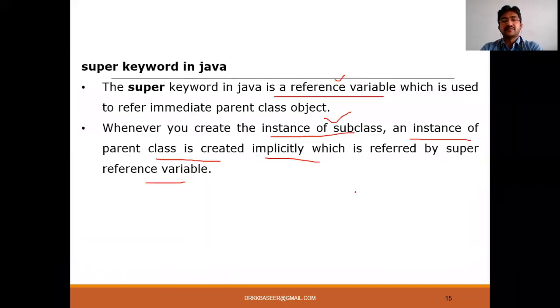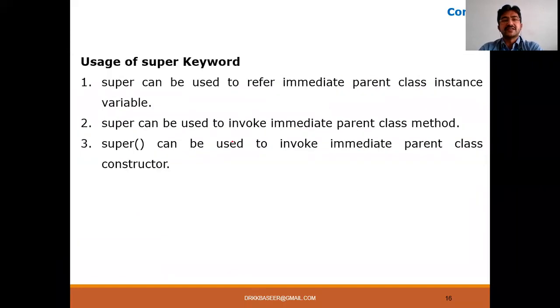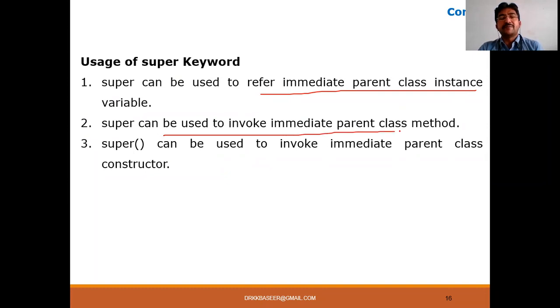Now coming to the next usages. As I said, the first usage is to refer to the immediate parent class instance variable. That means if you want to use the parent class data members or variables, we can use super dot variable name. The second use is to invoke the immediate parent class method.